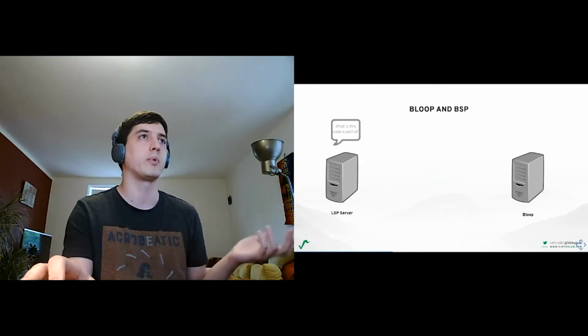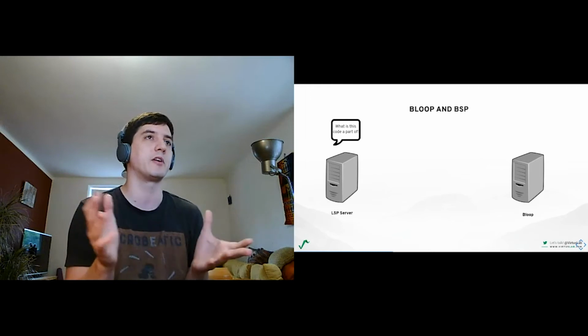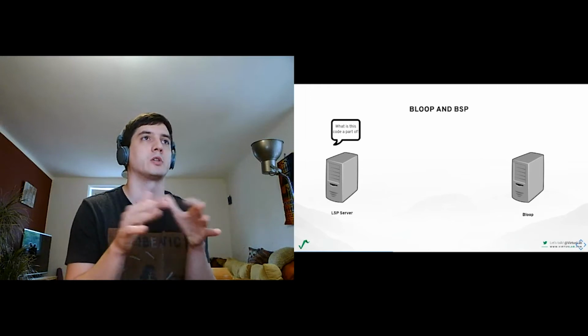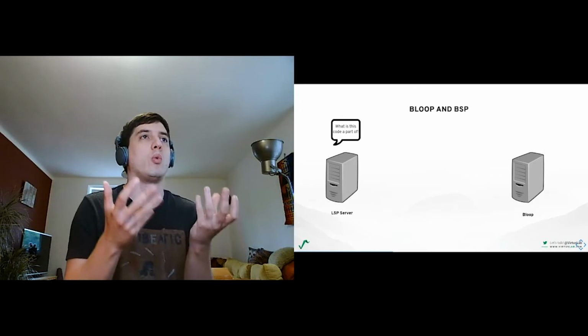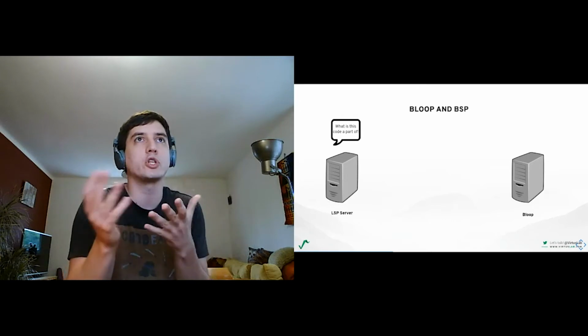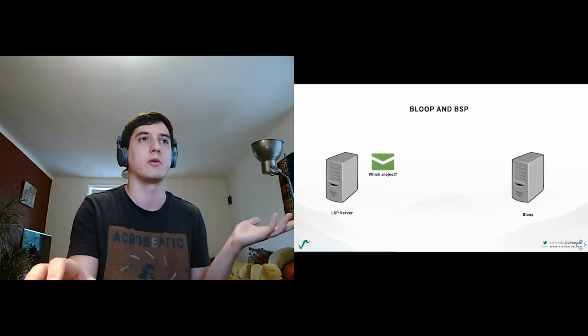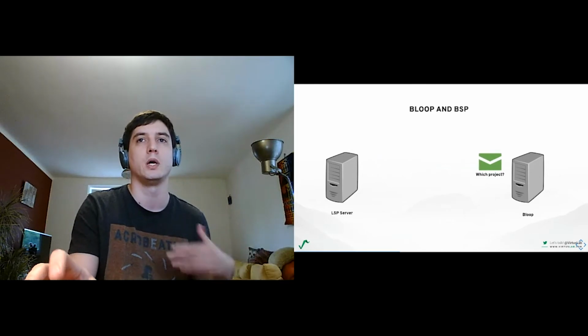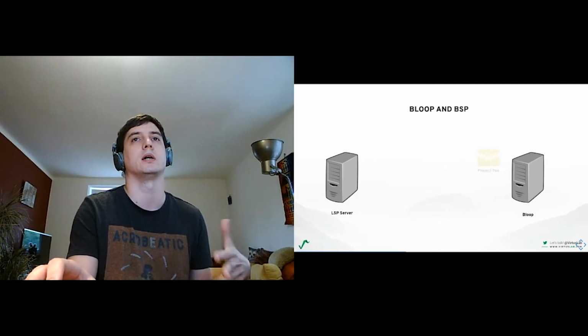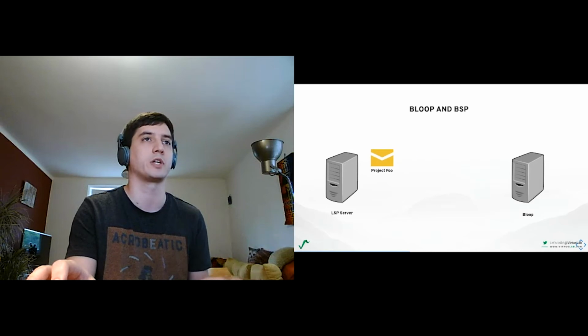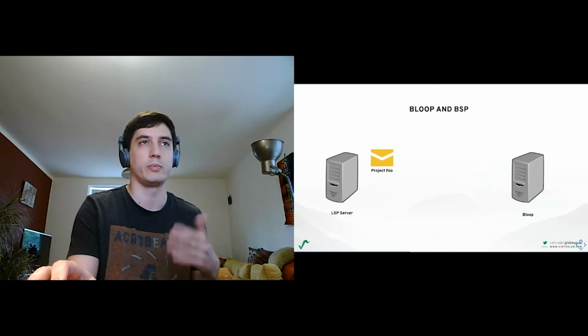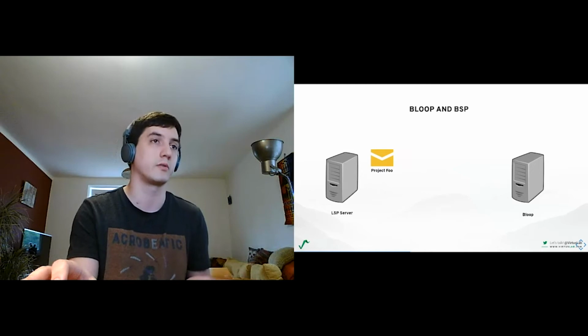So for example, an LSP server might have some source file, but it doesn't know what project it belongs to. So it just sends a request to Bloop. Bloop thinks about it and then sends back information that this actually belongs to the project full, the target full.